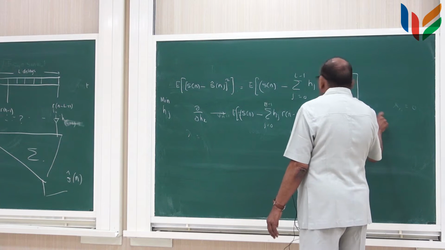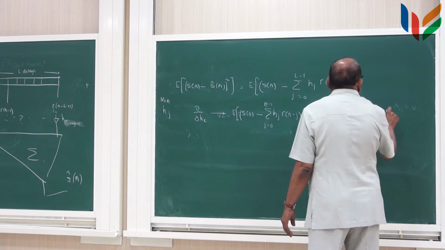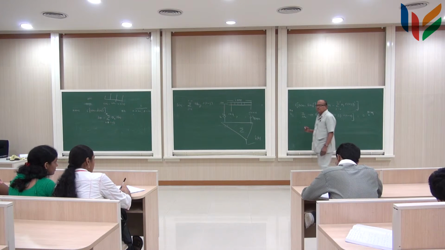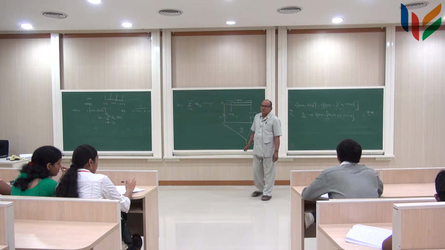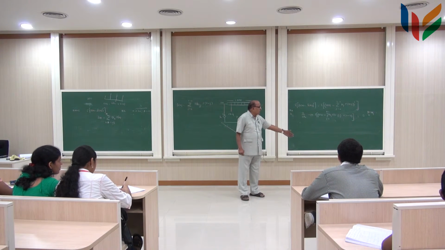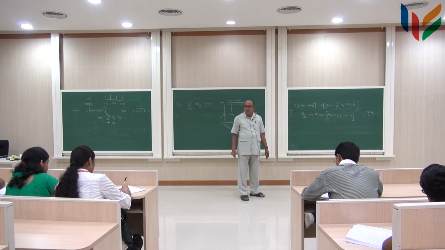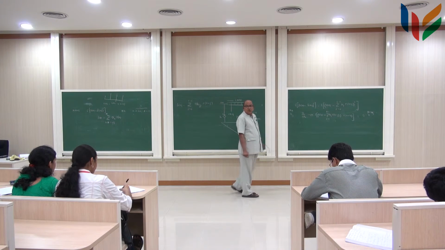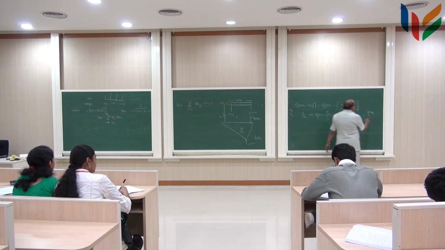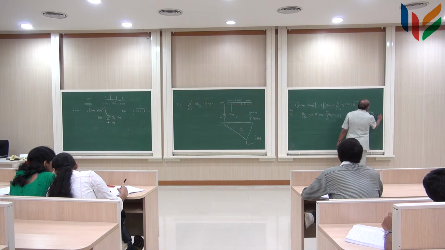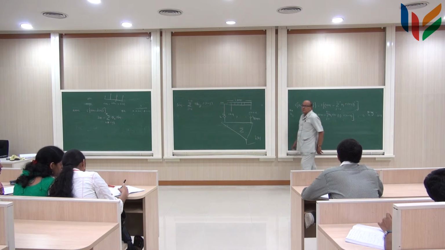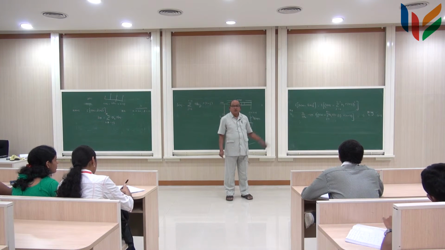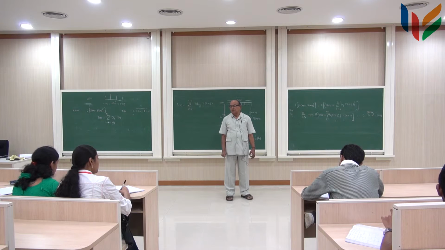This should be equal to 0 for every k. So, the solution of this set of L equations, k varying from 0 to L minus 1. For every value of k, this expected value should be equal to 0.